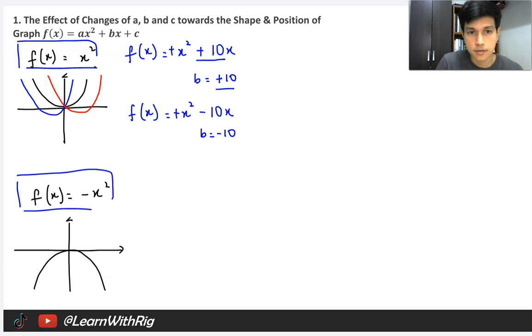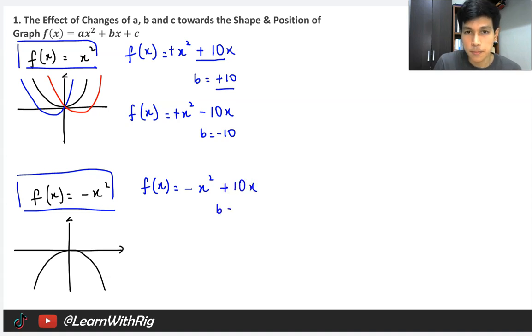Now let's look at the negative side. If you're confused, don't worry, I'll recap the whole thing again later. So now if it's a negative graph, you have f(x) equals negative x squared plus 10x.